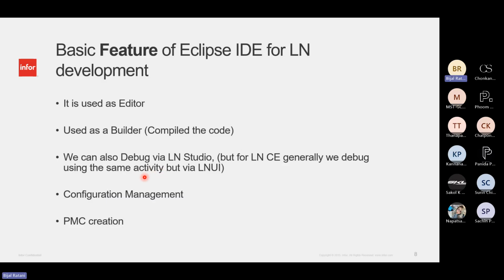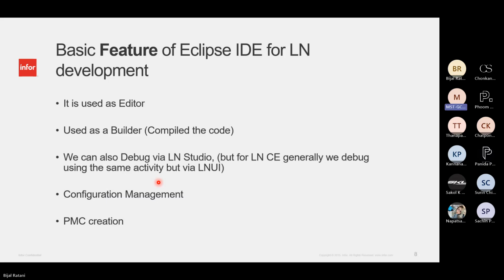Just to give you a gist, LN Studio, an Eclipse-based IDE, is a project and development based model. Again, I will tell you in future what a project means and what an activity means. It's a project activity model.